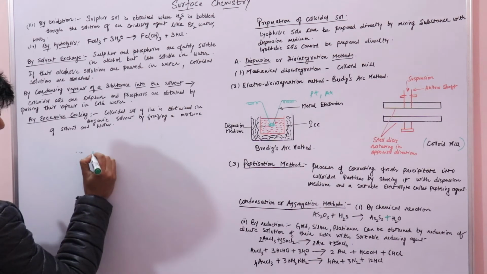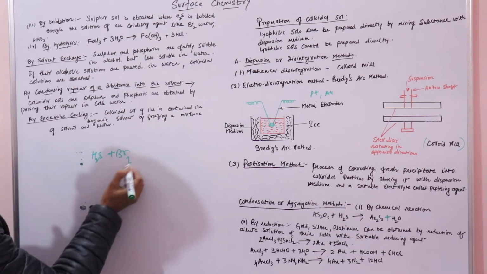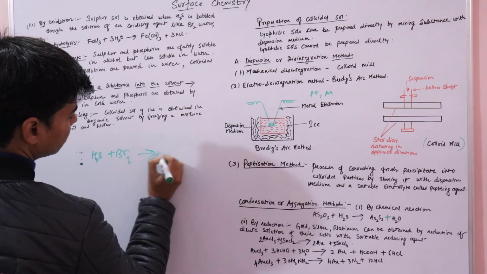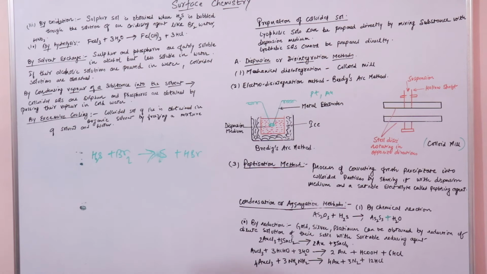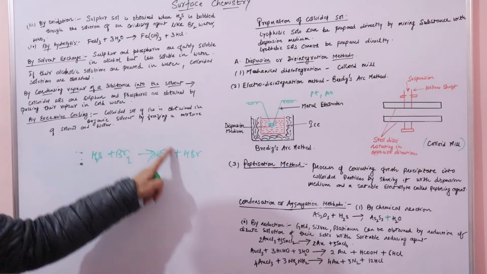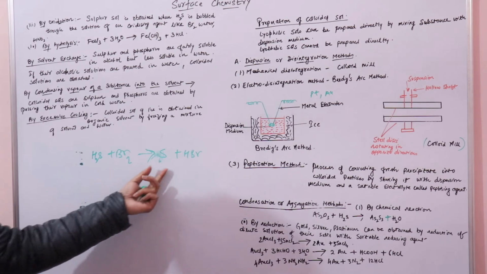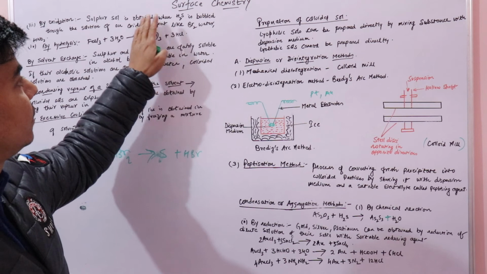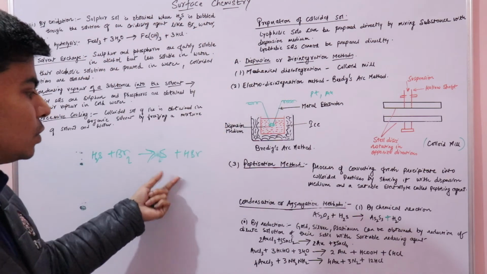So when hydrogen sulfide is passed through bromine water, which is your oxidizing agent, it will form sulfur plus HBr, right? So this is the way to prepare sulfur sol. If you get in your exam how to prepare sulfur sol, you can mention this directly, that when hydrogen sulfide is passed through bromine water, you get sulfur sol, right?